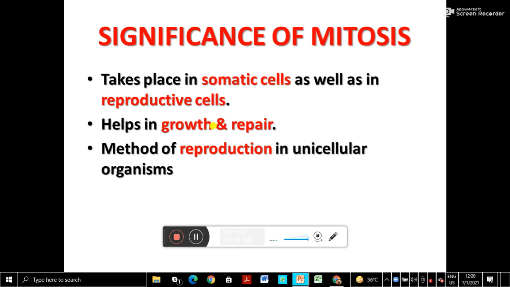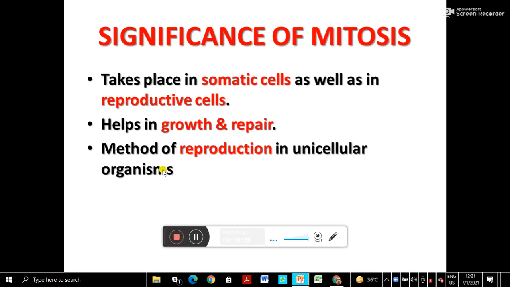And then another importance is that it serves as the method of reproduction in unicellular organisms. Remember, amoeba, paramecium, we are very familiar with. These organisms have only a single cell, and in this single cell, division means their reproduction.